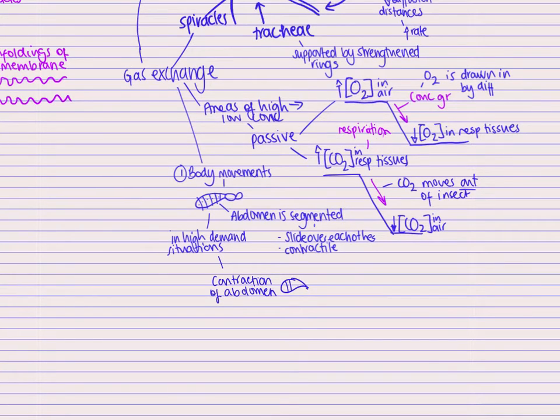So if that's the abdomen of the insect, it's going to sort of squeeze together. What that's going to do is increase the pressure by decreasing the volume of things like the trachea and the tracheoles.